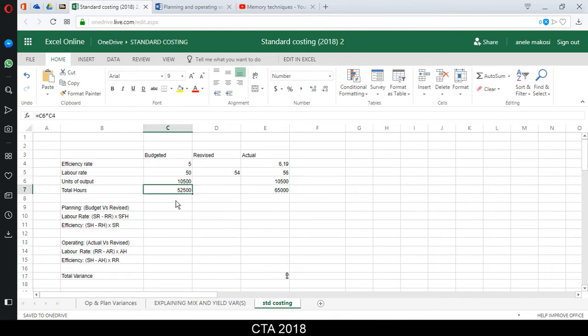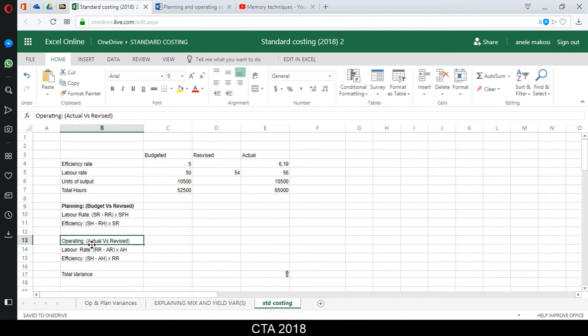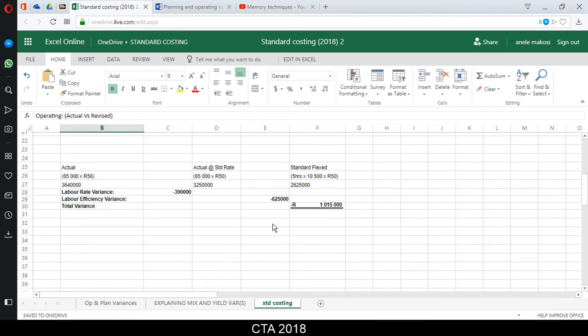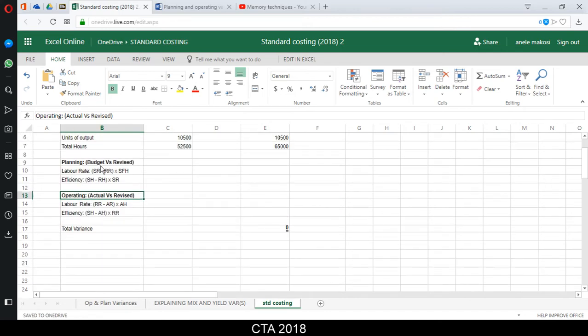Now the question says calculate the planning and operating variances, or split the total variance of 1,015,000 between the planning and operating variance.